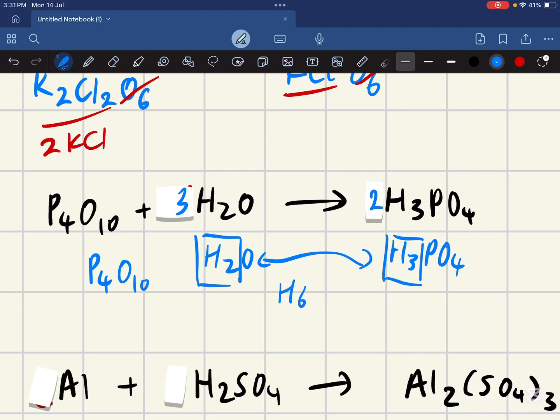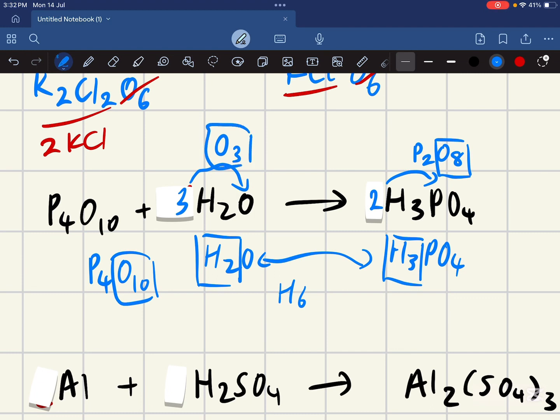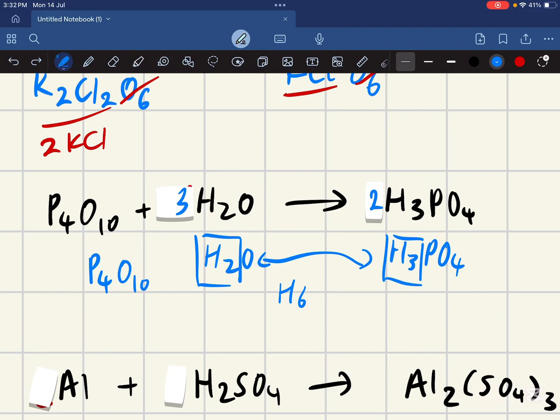However, when I do this, I'll get an O3 here. I'll get a P2 and an O8. Now, the O8 itself cannot come close to the O10 we have and this O3 we have here. So we cannot just do 3 and 2. Although the H's would match.